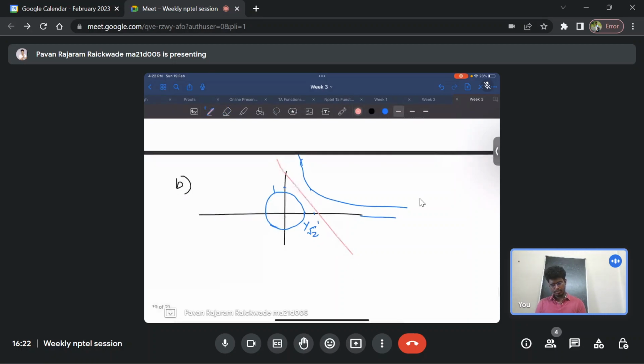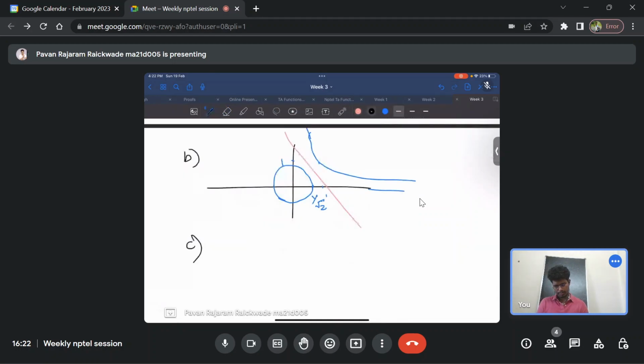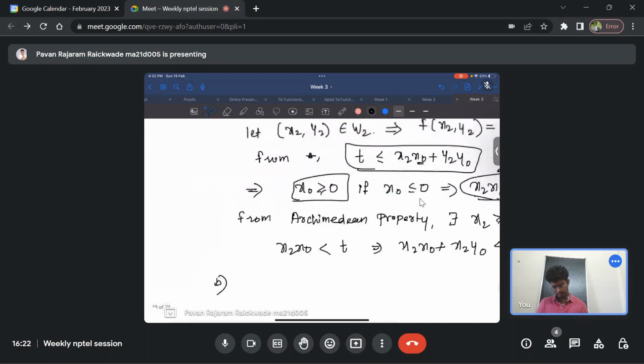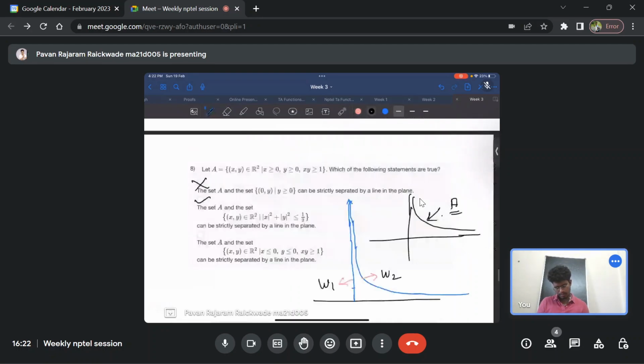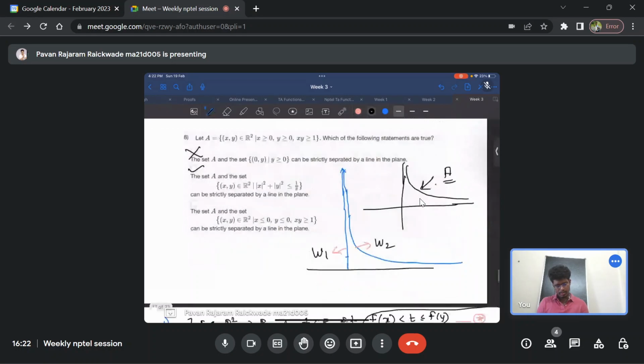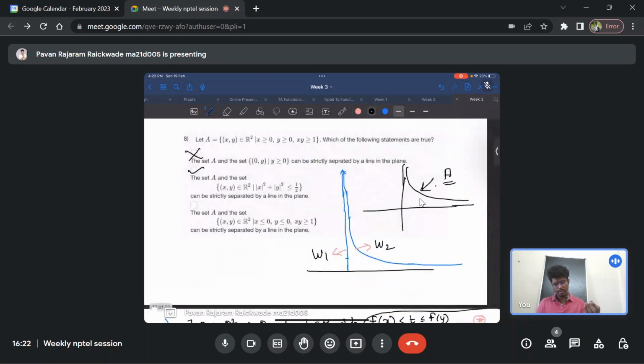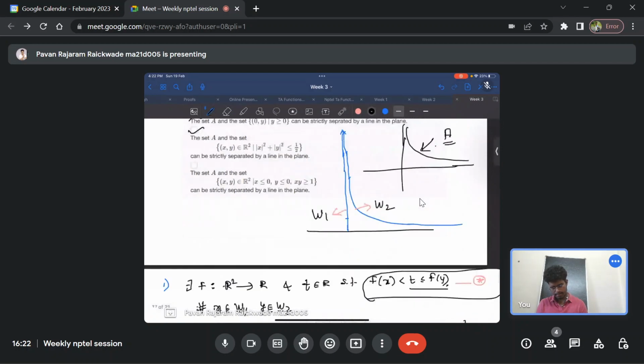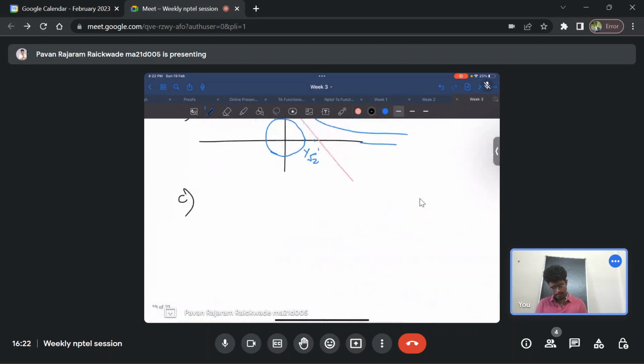Now, option number C. Here the same curves, one in the first quadrant, the other in the fourth quadrant. From the graph only you can see the x-axis separates these two graphs.